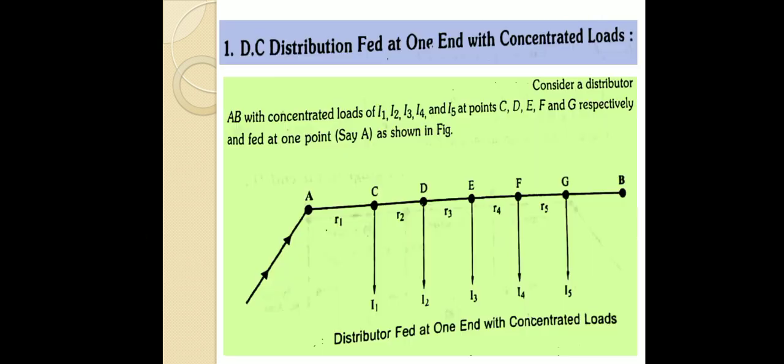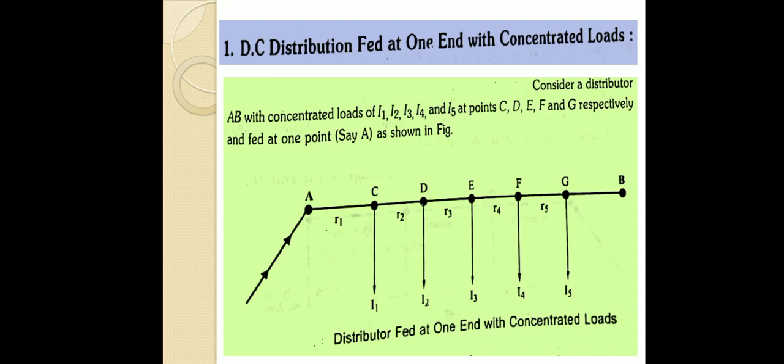Already we know about the DC distributor fed at one end. From the feeding point, while going to the last consumer, the current will go on decreasing. Already in the last class we discussed that point. Current and voltage decrease while we are moving away from the feeding end.